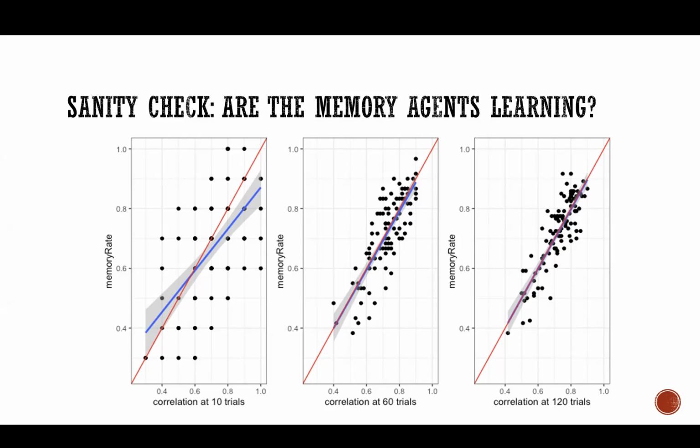It's already picking it up because 0.8 is a pretty strong bias, but it's very broad. At 60 trials, it gets more skewed, or sorry, not more skewed, but closer to the diagonal. At 120 trials, even more. It's showing that the agent is learning. It would be really bad if it wasn't learning, because we gave it infinite memory and an opponent that doesn't change its bias.